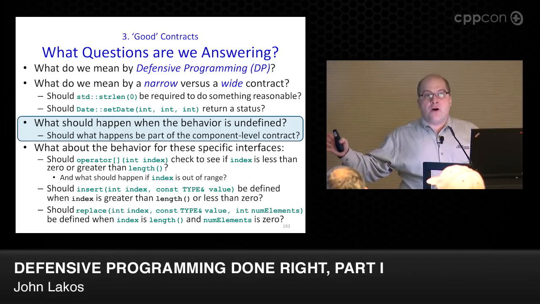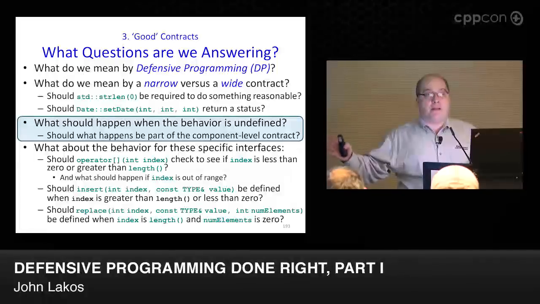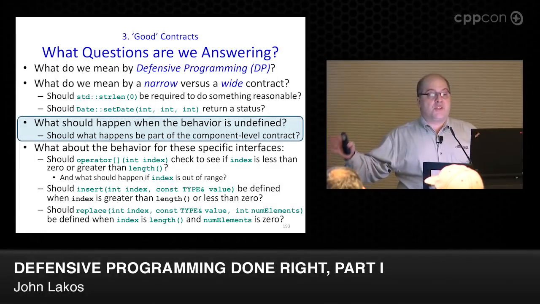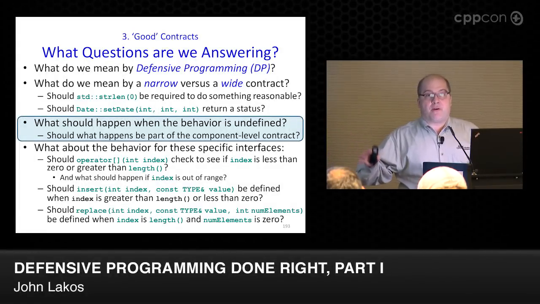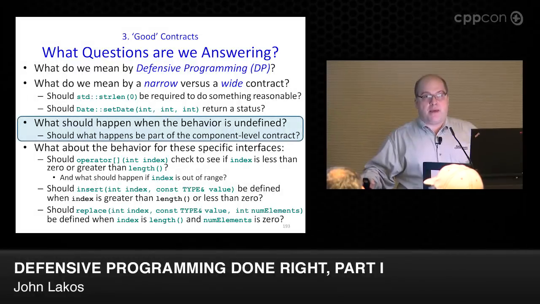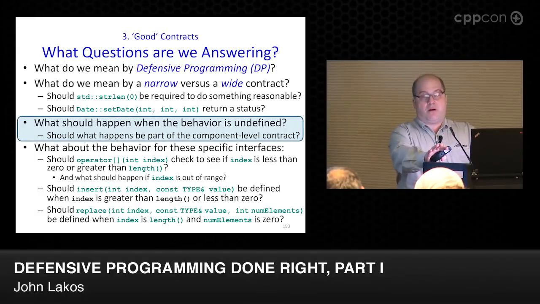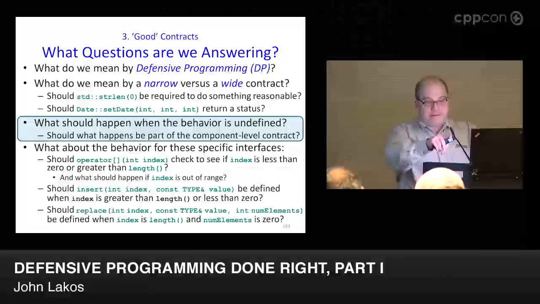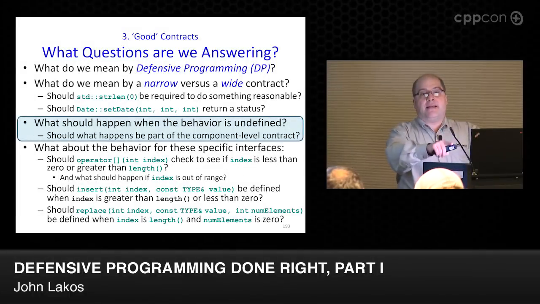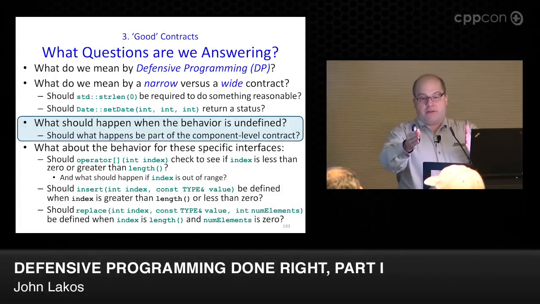The answer is no, it should not be part of the component level contract. Because as soon as you make it part of the component level contract, it's not undefined behavior anymore. It's defined behavior. So please, if you take away something from this talk, this section, take that away. You can't document undefined behavior. Because if you do, it's no longer undefined behavior. Is that true?